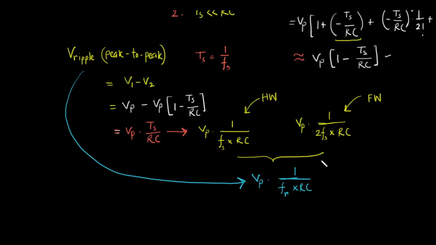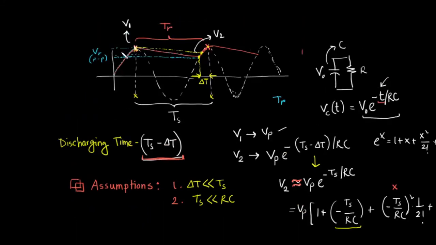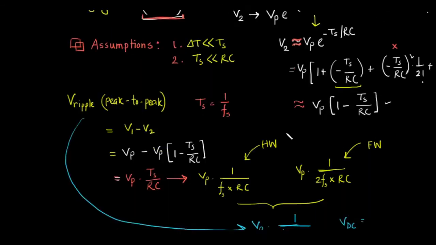Oh, and another formula that we derived in the last class was the value of the DC voltage, VDC. You see this upper peak, the value of the upper peak of the ripple is V1 and the value of the lower peak is V2. So we know the average value will be at the middle of V1 and V2.